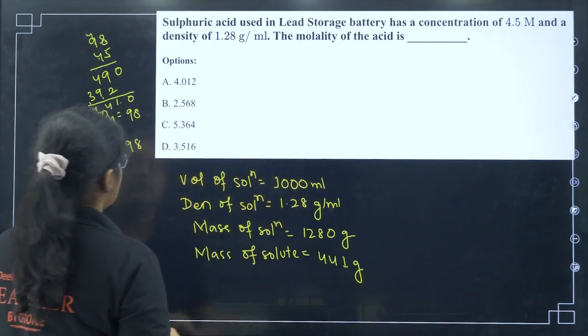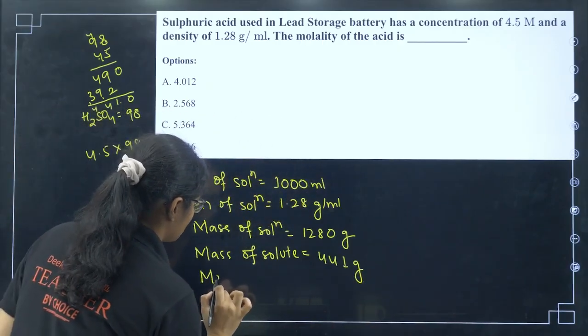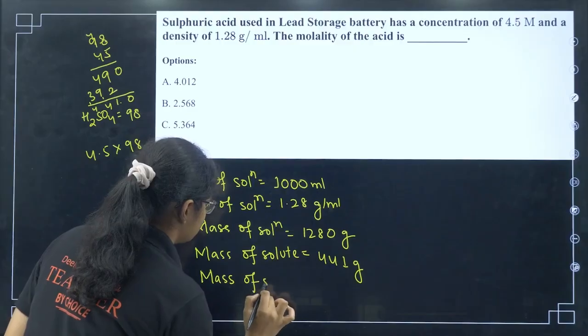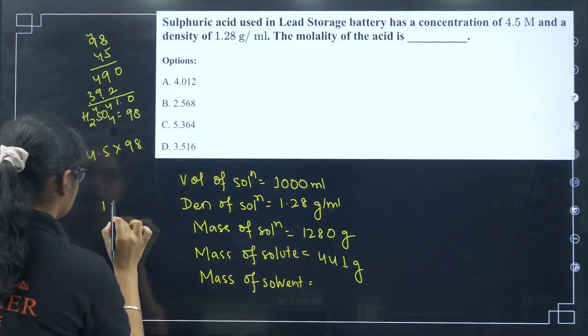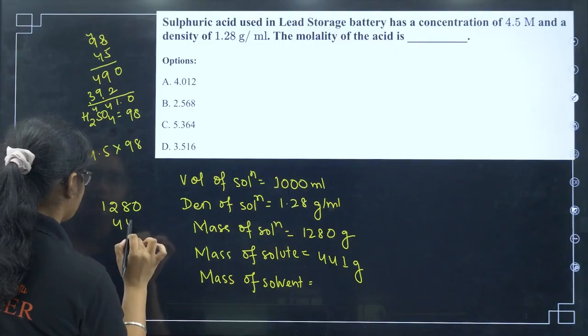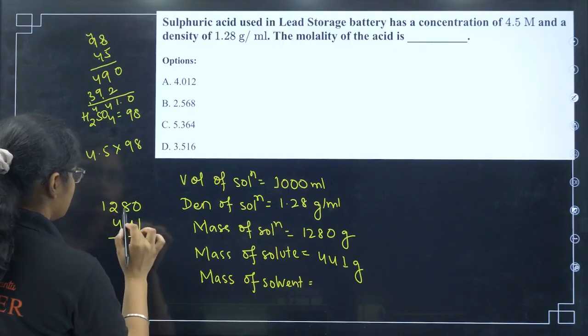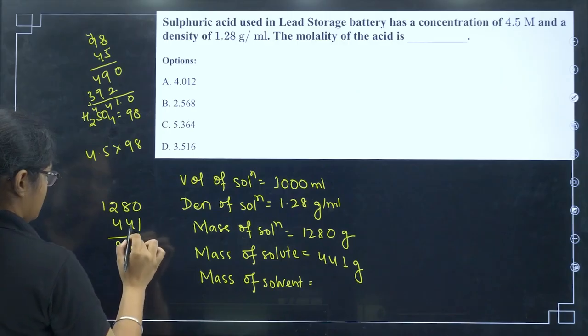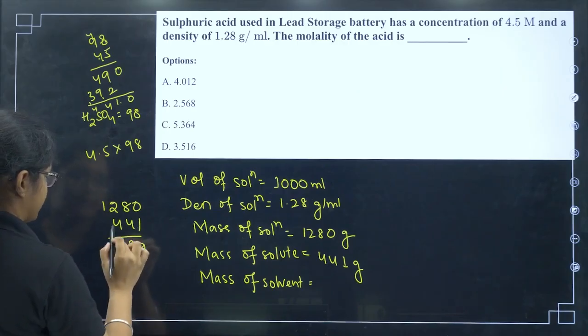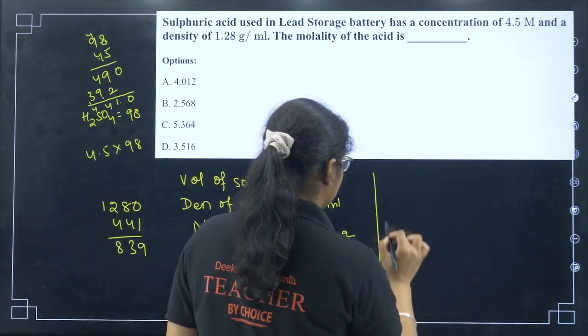The mass of the solute is 441 grams. Now what is the mass of the solvent? The mass of solvent will be 1280 minus 441, which gives 839. Now let me calculate the molality.